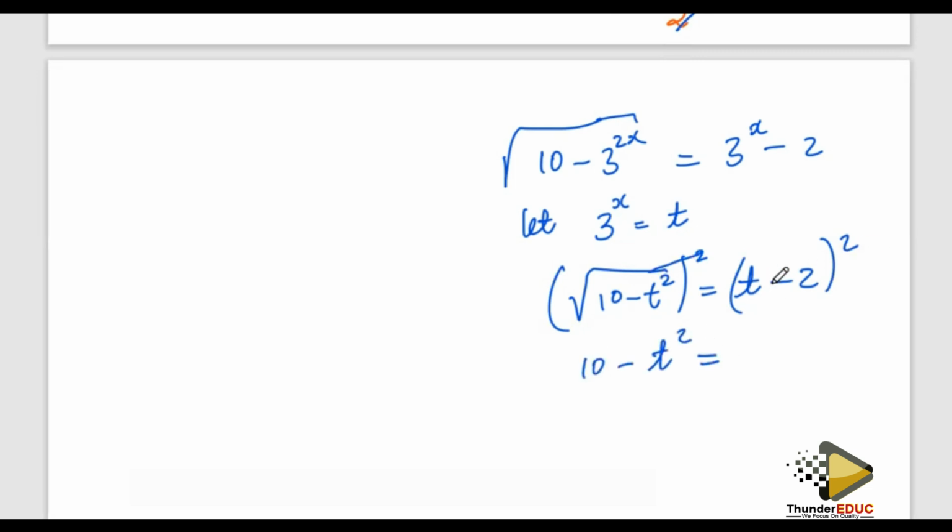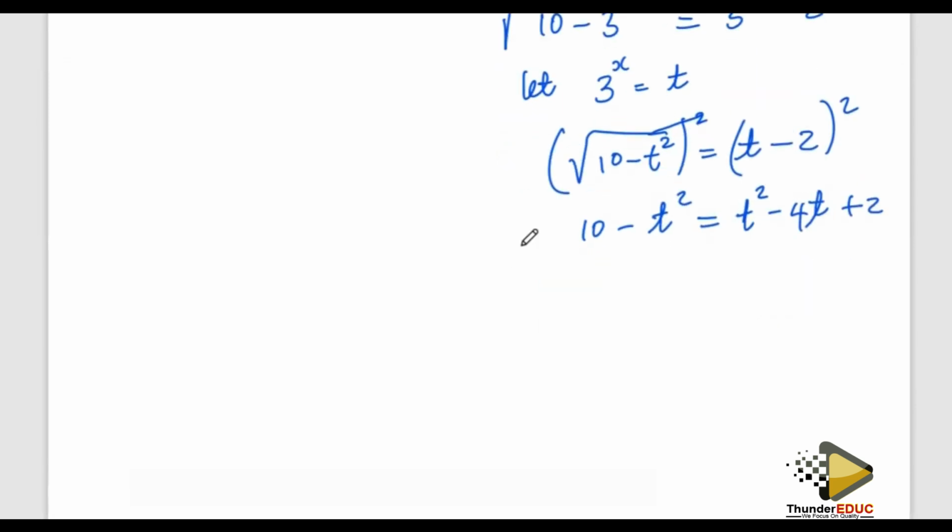When I open this, the FOIL is t squared minus 4t plus 4. Okay, so we can move everything to the right. So that's going to be 2t squared minus 4t. When I move the 10 that side, I'm going to be having a negative 6 is equal to 0. Divide through by 2. I'm having this.